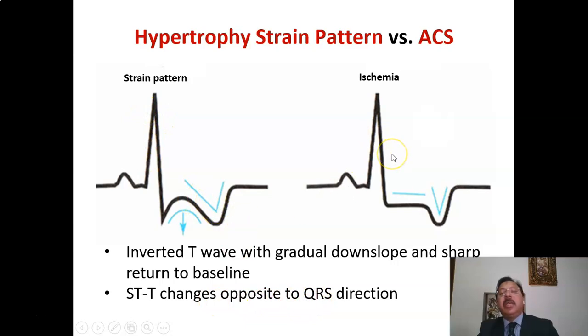But in the case of ischemia, there is a sharp decline of the T wave and then a sharp rise, sharp fall and sharp rise. That's a feature of ischemia. So you can differentiate, but again, the history is very important.